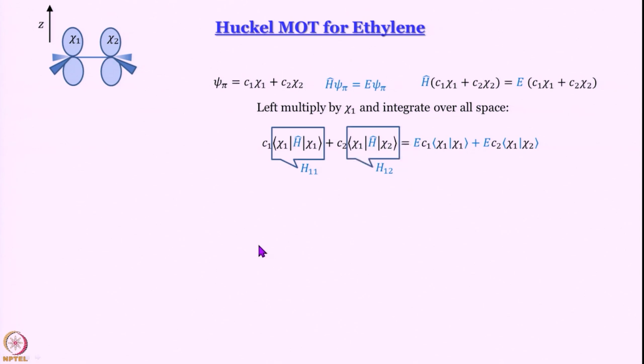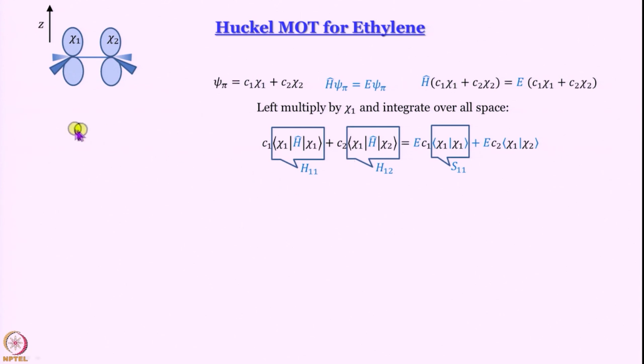On the right hand side, we call integral chi1 chi1 over all space S11. Of course, I hope it is not very difficult for us to realize that this S11 is going to be equal to 1, because chi1 is a p orbital that is normalized. And another thing, here we are working with real p orbitals. We are working with px, py, pz.